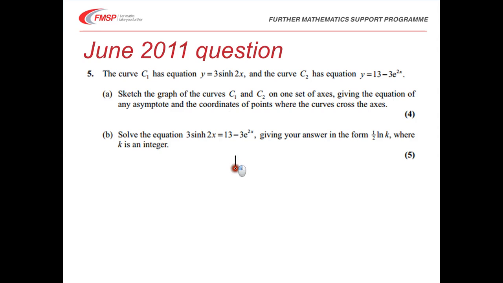So I'll draw, let's just think about how we might think about this. So a graph of sine will look like this. It goes off to infinity and minus infinity. As it passes through the origin there, it's got a gradient of 1, so this is y equals sine x.